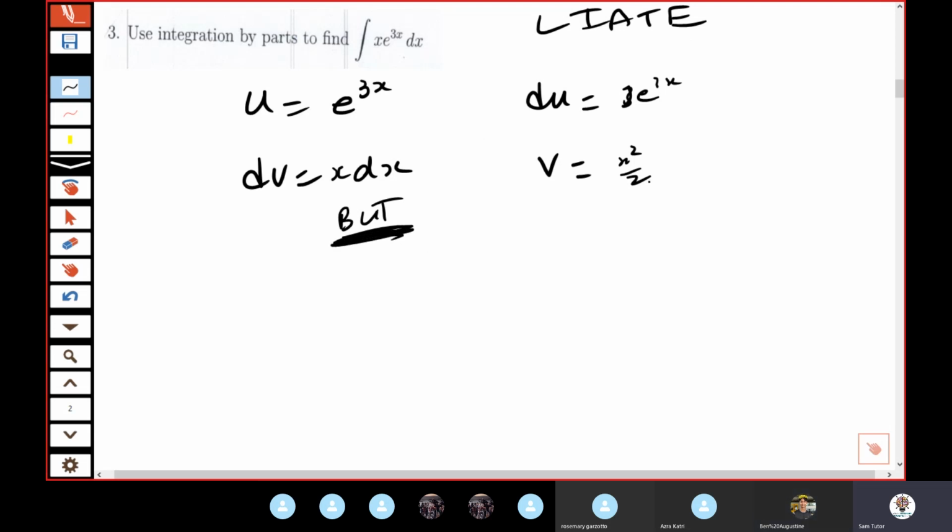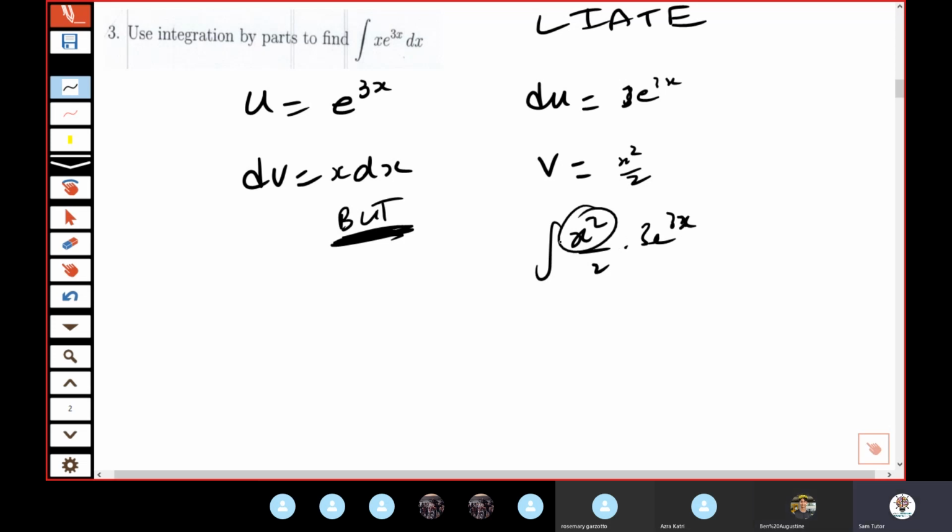you just increase this x, and you're going to make it harder on yourself, because when you integrate this, this times this is not a problem. Don't forget, you always have to integrate these two. So your next thing you're going to write is the integral of x squared on 2 times 3 e to the 3x. You just made it bigger.